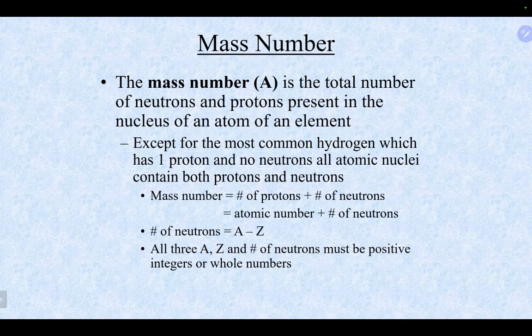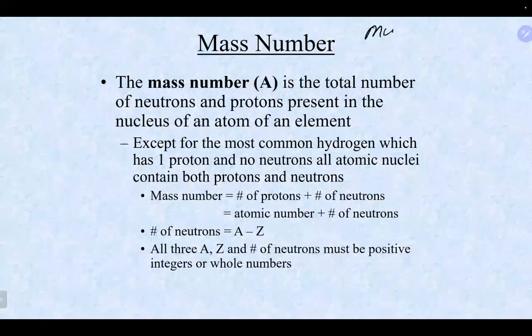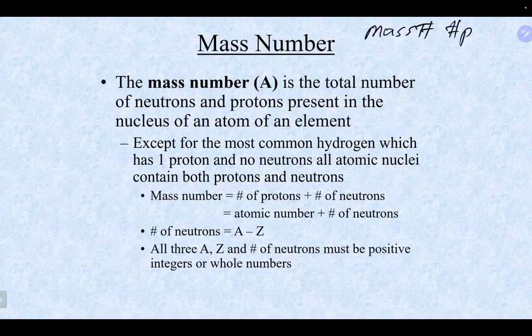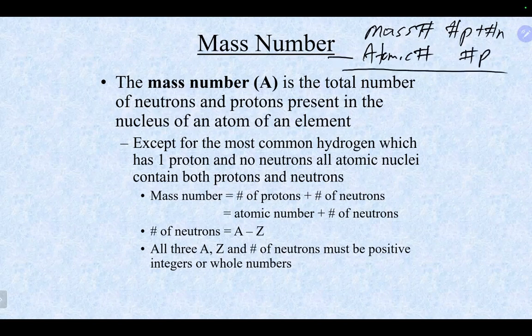The importance of those two numbers is, if we take our mass number, which is the number of protons plus the number of neutrons, and we take our atomic number, which is the number of protons, and we subtract them, that will give us the number of neutrons.